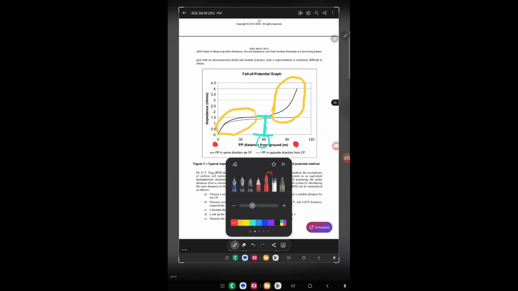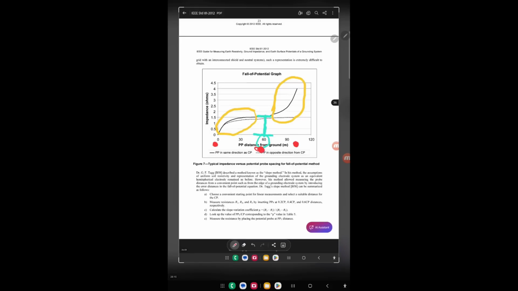The potential pin is here. Remember, this is the grounding we are evaluating. This is where the pin that measures the voltage goes. And this is the pin where we inject the current. So they say it measures at 62%. But if you notice, I have a margin to position myself.